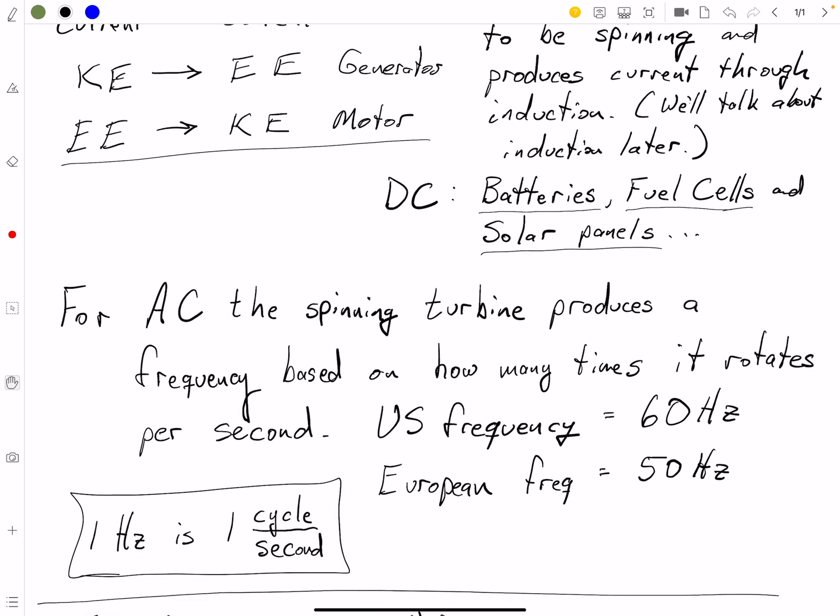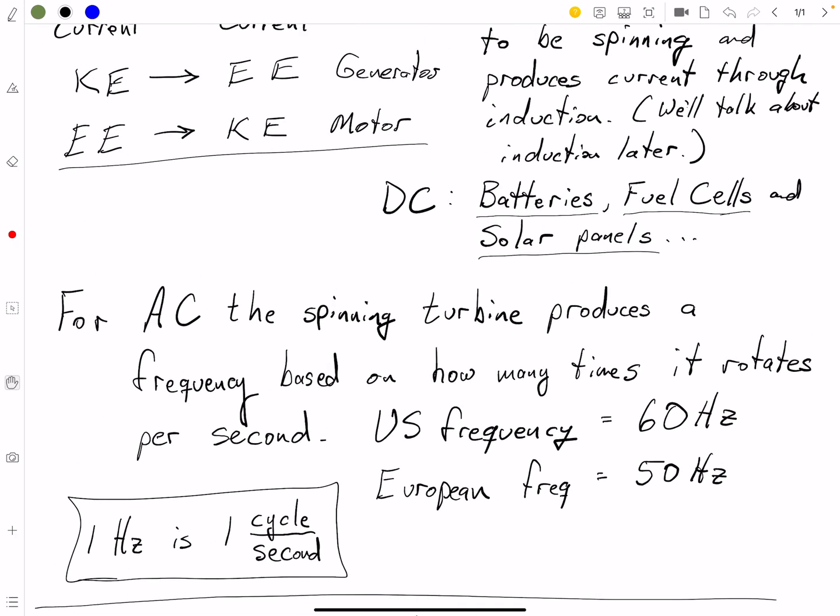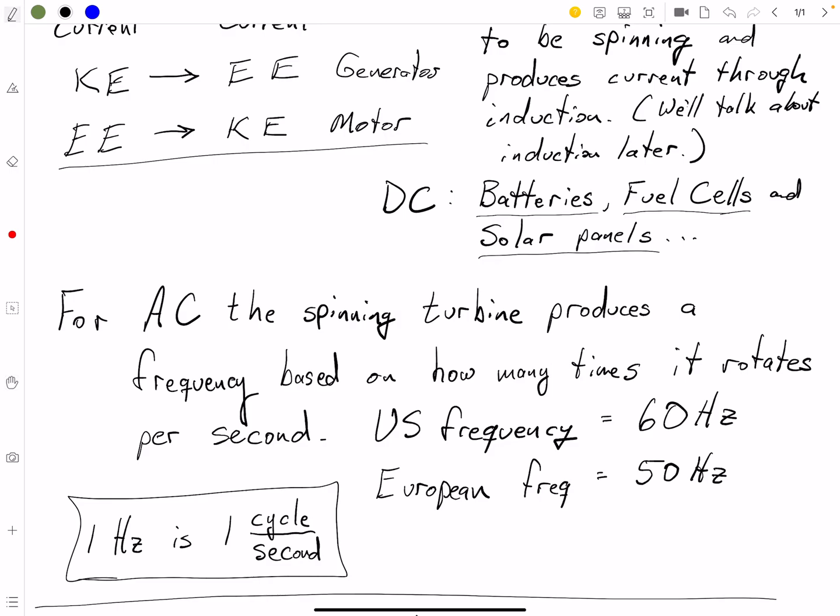Okay, so we've got our spinning turbine for our AC generation of current, and it has a frequency. The spinning turbine will spin around a certain number of times per second, and it produces a certain frequency.